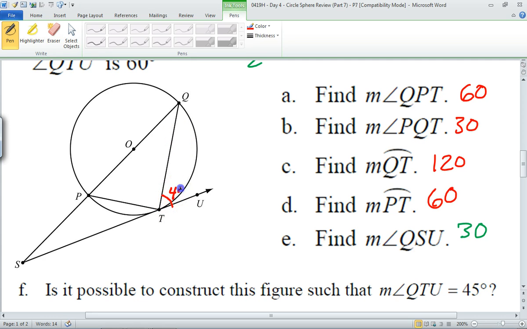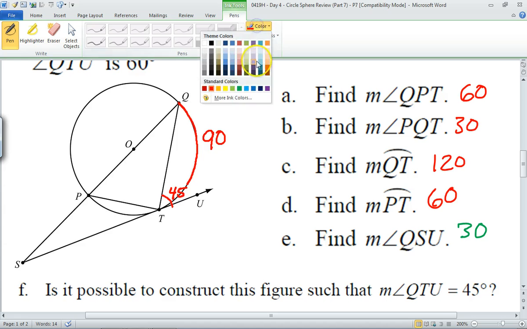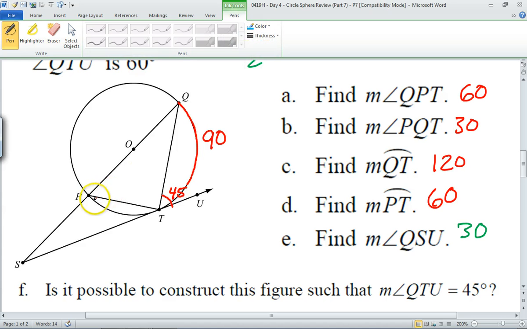So the question is, is this allowed to be 45 degrees? Well, remember how we did the problem last time, when it was 60 degrees. If this is 45 degrees, tell me what the measure of this red arc is going to be. That red arc is going to be 90, because it should be double this inscribed angle. Remember what we did last time? We did the rest of the semicircle.